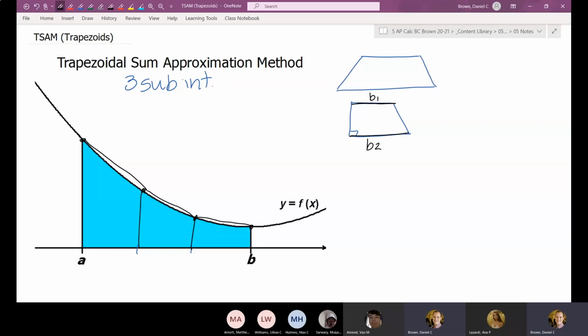So you can see it's not a perfect approximation. Obviously this is a trapezoid, so that is a straight line. And so we can see that that does tend to be a pretty close approximation.